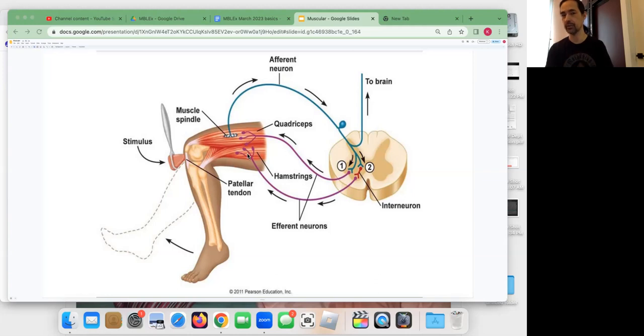That's called reciprocal inhibition. So it's the agonist muscle, the rectus femoris, which is contracting and shortening, and it's the antagonist, which is lengthening, relaxing, or inhibited. Please let me know if any of that is unclear.